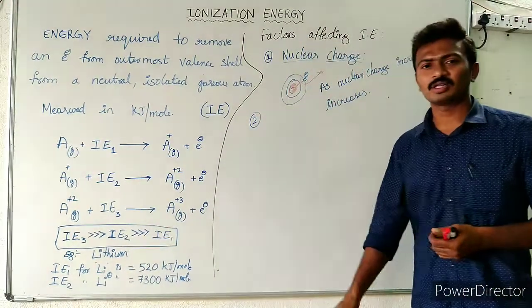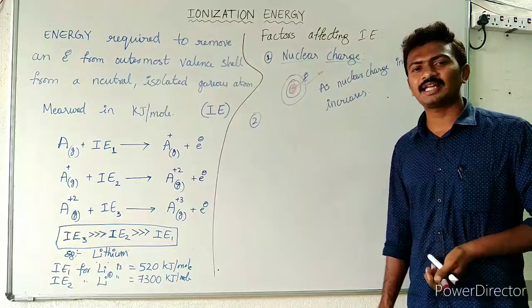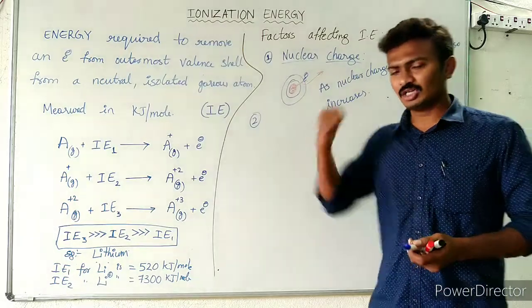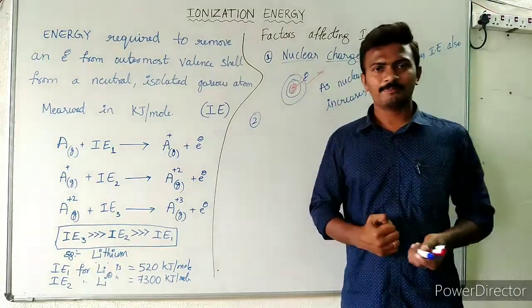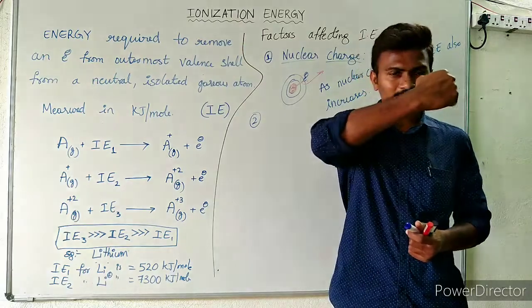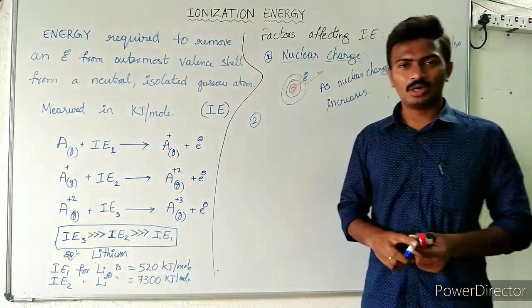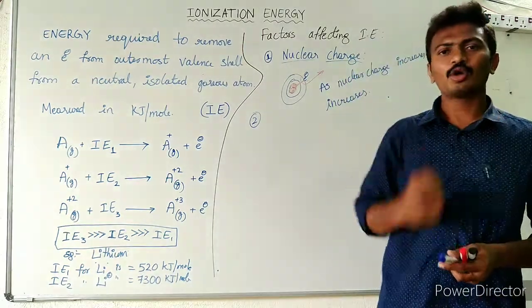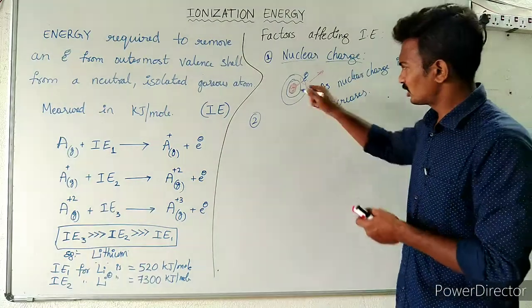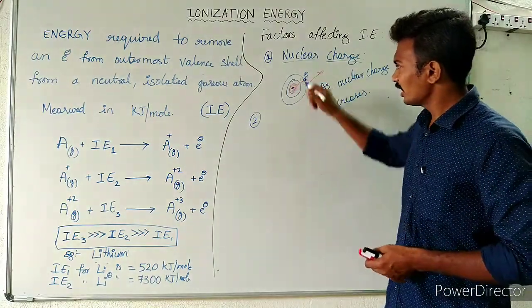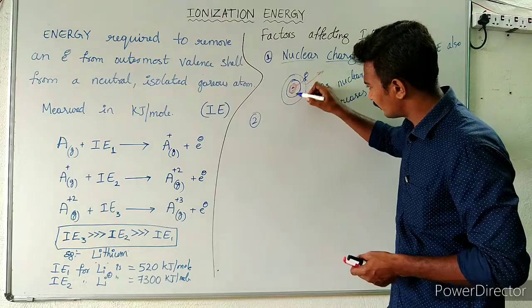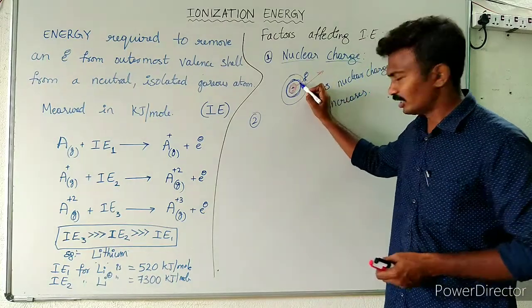The second factor is shielding effect or screening effect. What do you mean by shield? Shield will be protecting something, right? The shield is majorly used in warfare. Shielding means protecting. So this electron is being shielded by the orbital. See here, there is one orbital.